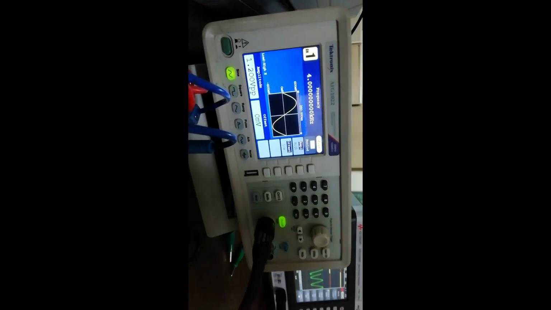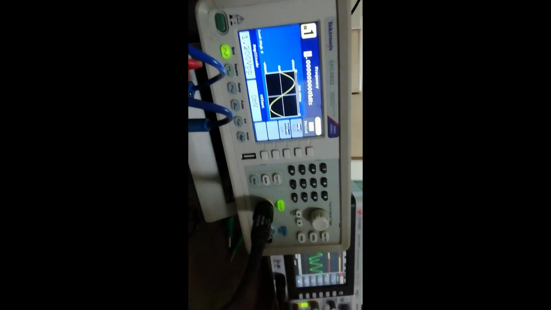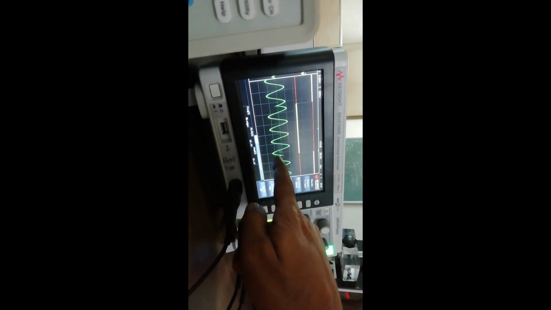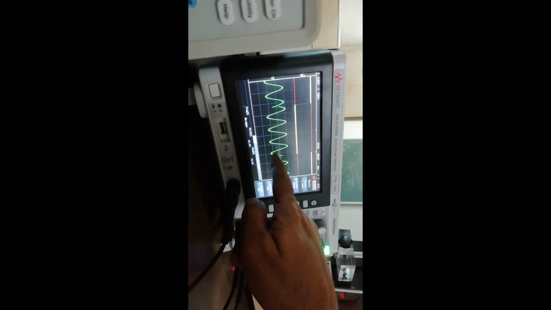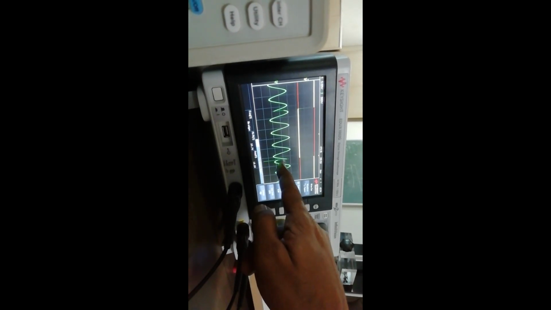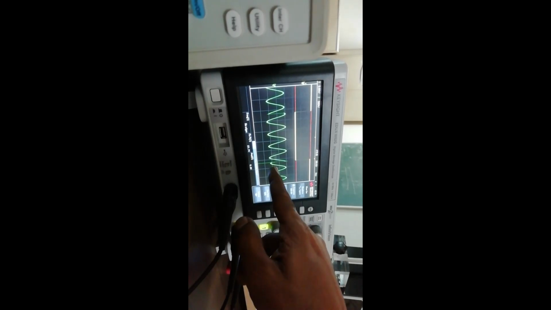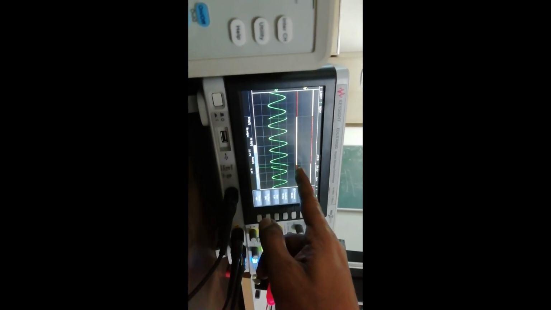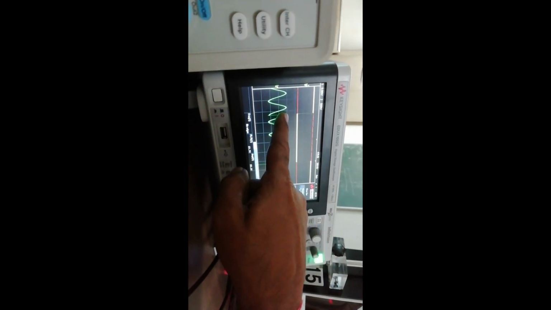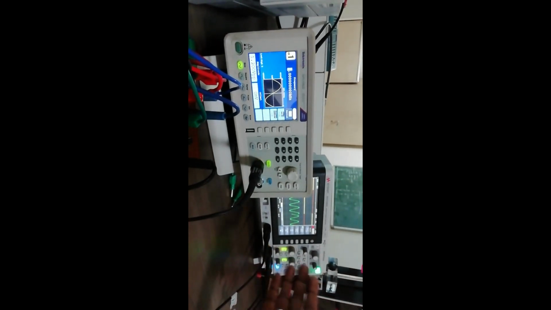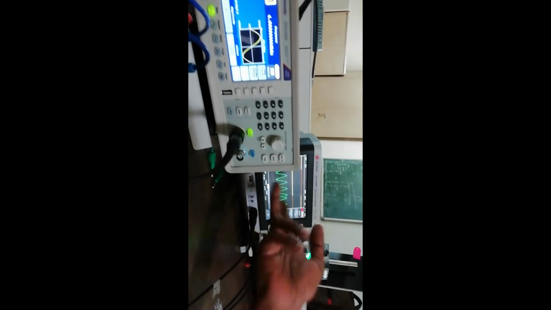Logic 1 is showing the phase starting angle somewhere around here, going to the negative side, and logic 1 is this angle and logic 0 is this angle. So if we change switch positions 13 and 14, this phase will be changed.